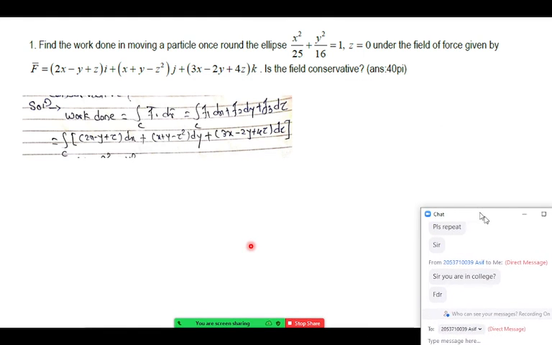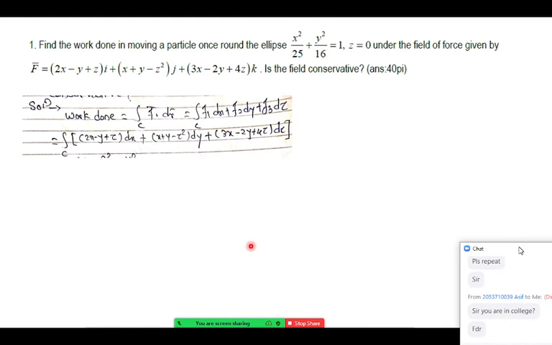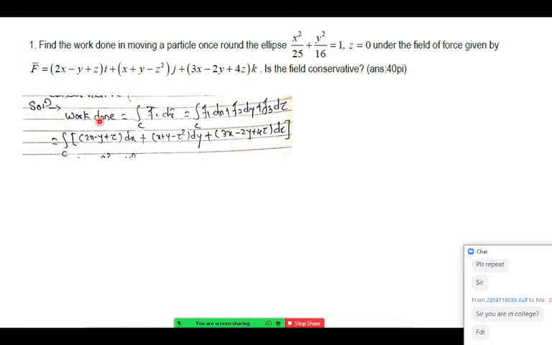Yes, Asif, correct. So work done is the integral of F bar dot dr bar on the curve C, and the formula is F1 dx plus F2 dy plus F3 dz. So this is F1 i plus F2 j plus F3 k. We just replace the values of F1, F2 and F3 from the vector field F bar. So it is the integration of F1 dx plus F2 dy plus F3 dz over the curve C.